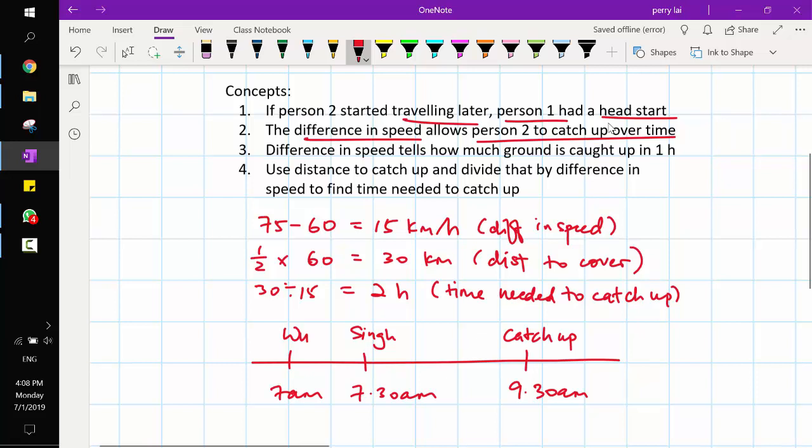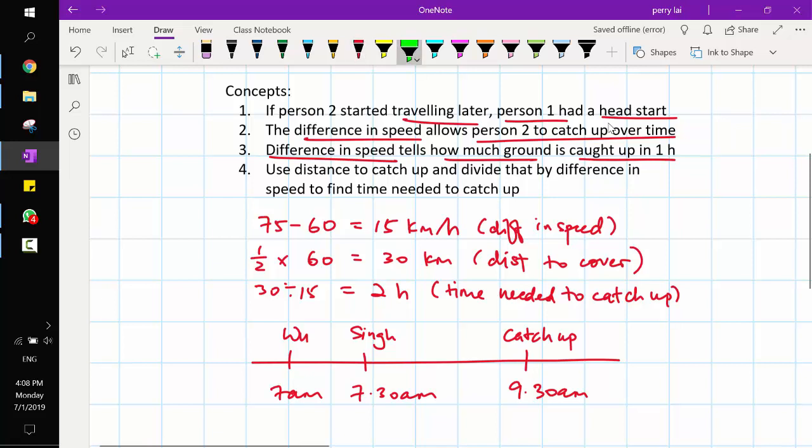The difference in speed is in kilometers per hour. This tells you how many kilometers is caught up within 1 hour. And so you use the distance to catch up and divide that by the difference in their speed to find the amount of time needed to catch up. I'm going to repeat that one more time.